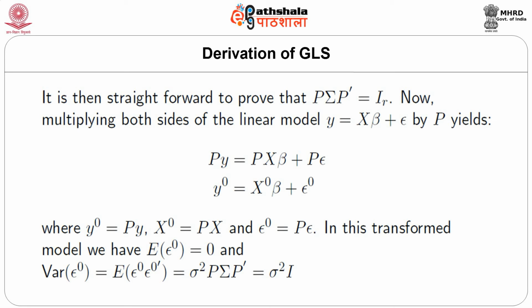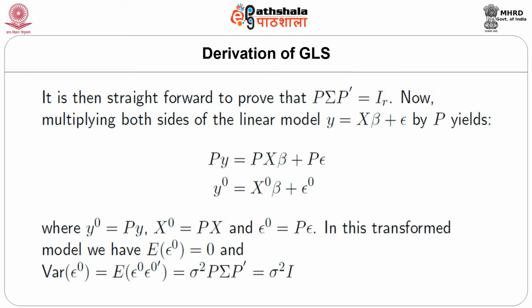Now, multiplying both sides of the linear model y equals x beta plus epsilon by P, we have the linear model y0 equals x0 beta plus epsilon 0, where y0 equals P times y, x0 equals P times x, and epsilon 0 equals P times epsilon.